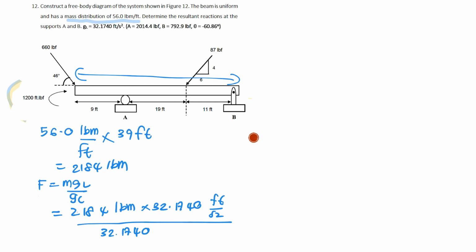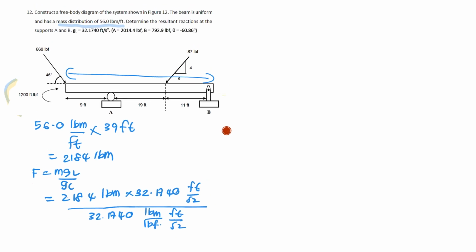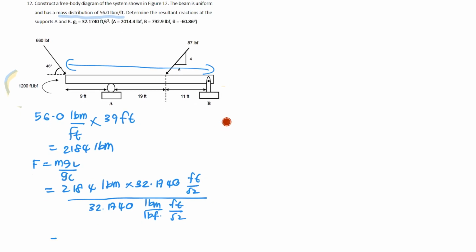Because this is the engineering system. Please recall g and gc, in lbm over lbf feet per second square. This term can be cancelled out, so you get the same answer, but you need to show the working step. This is going to be 2 marks.